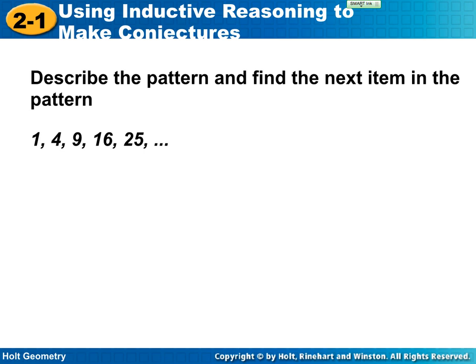All right, how many think they've got the pattern figured out this time? Okay, we got a little bit more. Share with me, Shay. First it was 3, then 5, and usually add more. What do you mean by that? Well, 1 to 4 was 3, and then you added 5, so 4 to 9 would be 5, and then 9 to 16 would be 7.